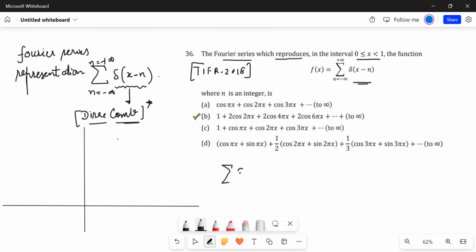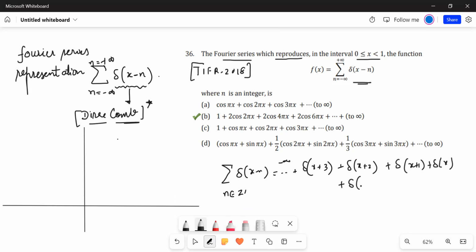If I write the summation of Dirac delta of x minus n, where n belongs to Z, from minus infinity to plus infinity, it would mean: Dirac delta of x plus 3, plus Dirac delta of x plus 2, plus Dirac delta of x plus 1, plus Dirac delta of x, plus Dirac delta of x minus 1, plus Dirac delta of x minus 2, plus Dirac delta of x minus 3, and so on and so forth, going from minus infinity to plus infinity.